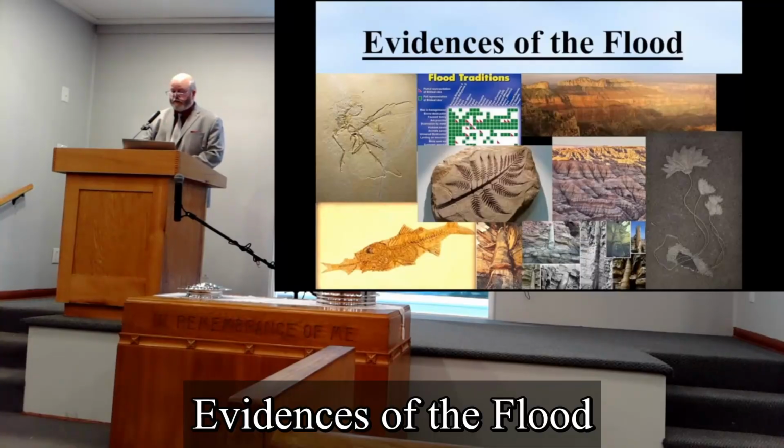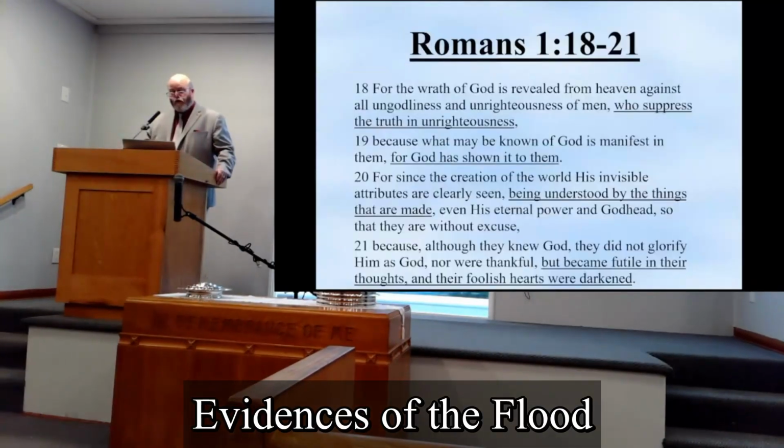First off, let's remind ourselves what the Bible says about creation and what we can see in creation. If we look at Romans chapter 1, verses 18 through 21, "For the wrath of God is revealed from heaven against all ungodliness and unrighteousness of men, who suppress the truth in unrighteousness, because what may be known of God is manifest in them, for God has shown it to them.